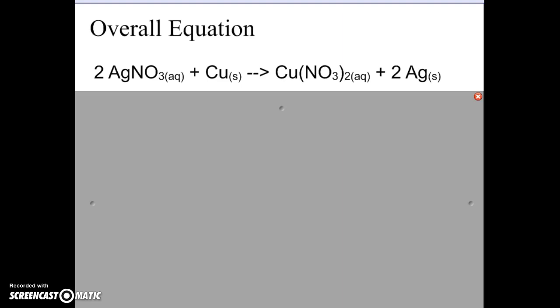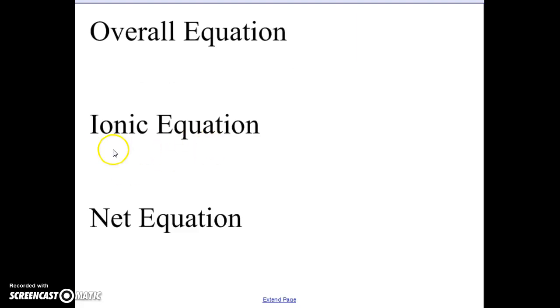In both cases, what you see are all of the chemicals involved in the reaction, but what you don't see very clearly is that all of the starting material does not change into new products on the product side. And that's the purpose of moving away from an overall equation and eventually talking about something called an ionic equation, and then finally a net equation.